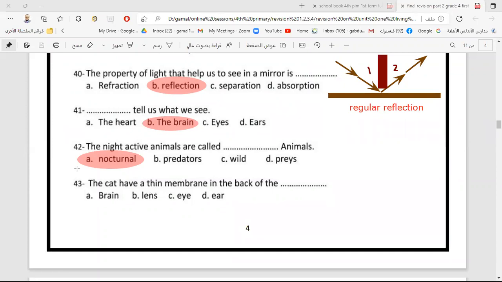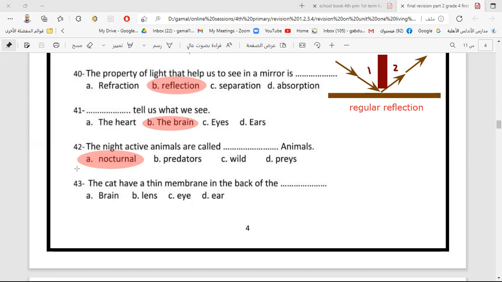And also, some of these animals have strong vision, strong sight, like the fishing cat. It has a mirror-like membrane in its eyes, so it can see at night. And some of them have a strong hearing sense, like the bat.